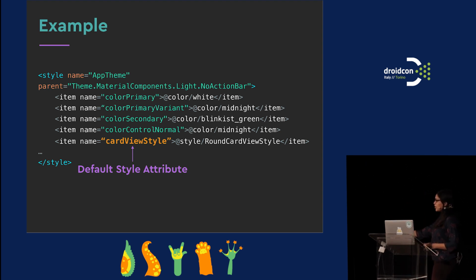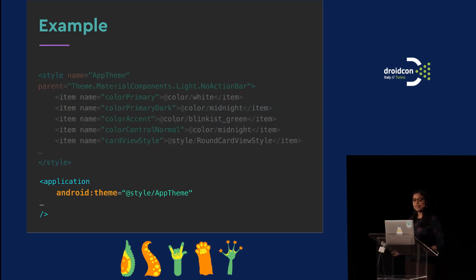And the style that it's pointing to, the round card view style, is called a default style. So essentially, anything that you want to apply app-wide, you ideally want to put it in your theme. And you can apply a theme using this android:theme attribute on an application, activity, view, or view hierarchy.